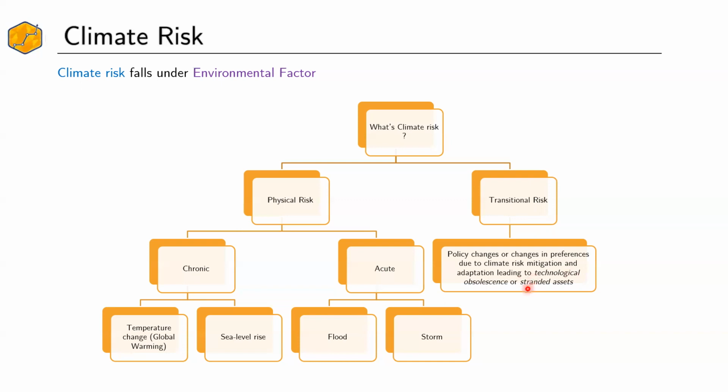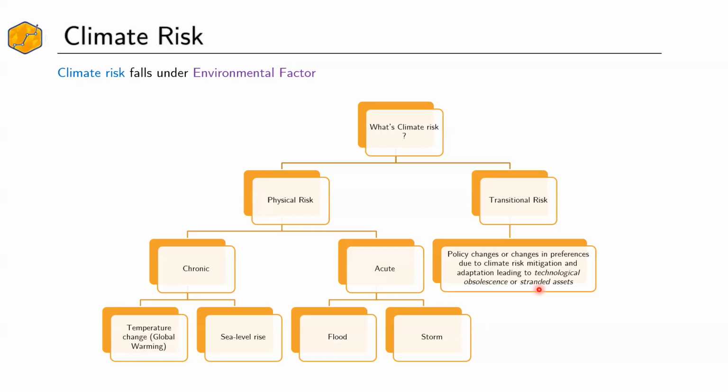Okay. Stranded assets. You have big coal mines, oil fields, but there is no demand for those products anymore. You cannot use oil or coal to burn and create energy. It is banned, or there is no demand. So your assets become stranded, useless.